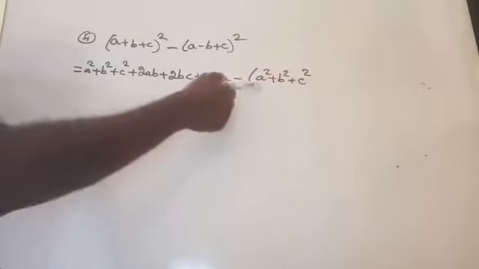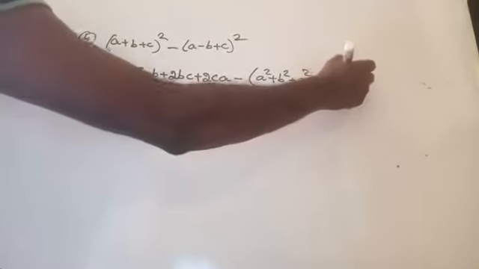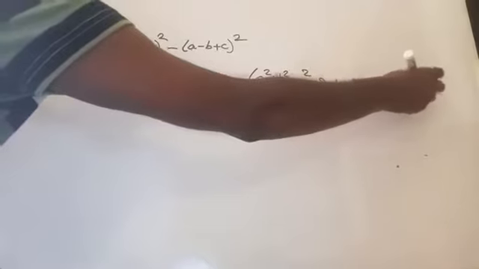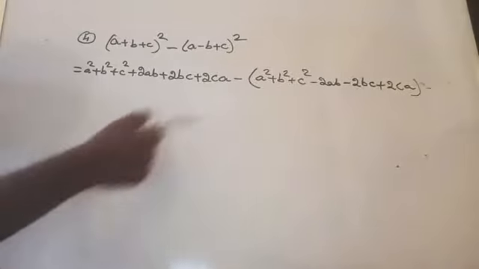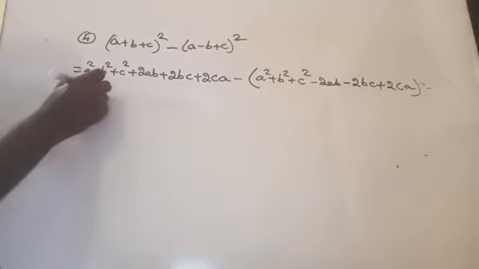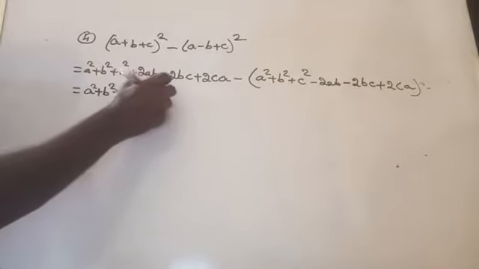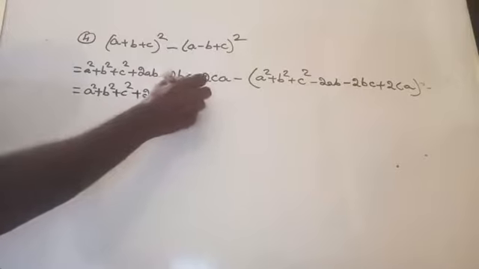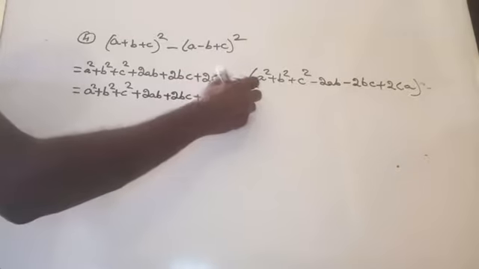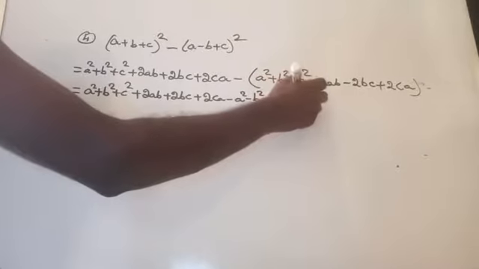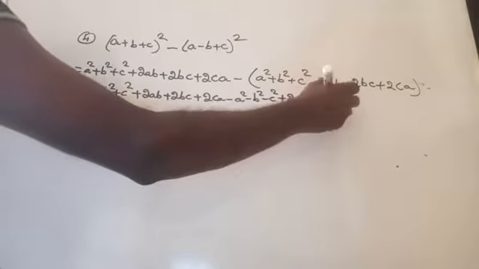Then minus 2AB minus 2BC plus 2CA. Now what you can do? Just multiply the minus sign inside, that is A square plus B square plus C square plus 2AB plus 2BC plus 2CA minus A square minus B square minus C square plus 2AB plus 2BC minus 2CA.